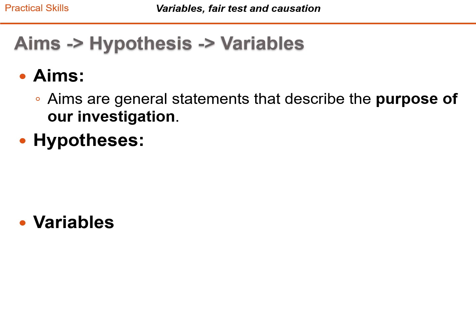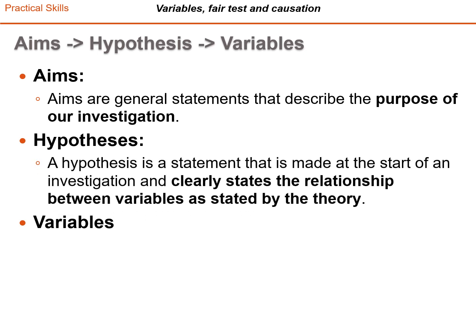A hypothesis then is a statement that is made at the start of an investigation and clearly states the relationship between variables as stated by the theory. So we must understand the scientific theory in order to do this. And here we recognize that many investigations we undertake are used to confirm and incrementally improve science rather than make groundbreaking discoveries.